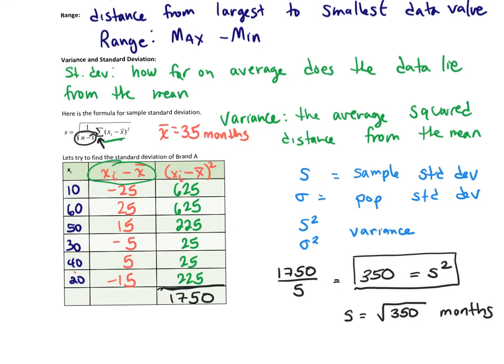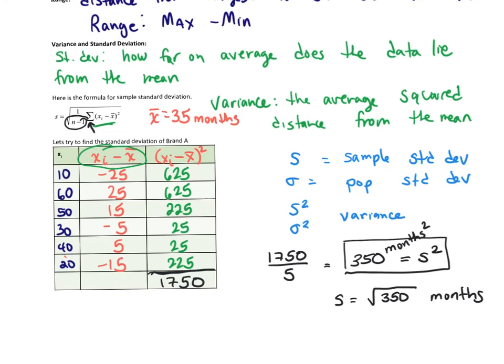If you wanted a unit for variance, it would actually be in square months. That's kind of a weird thing. That's why we typically don't like variance, because what's a square month? We don't know. But when we take the square root, we get months.